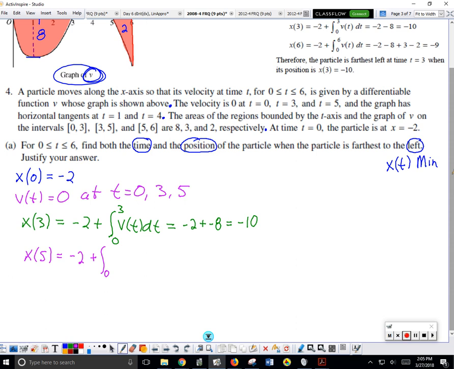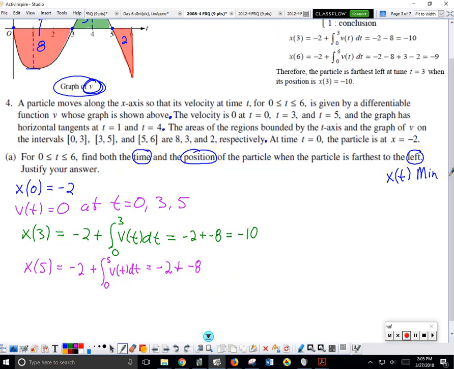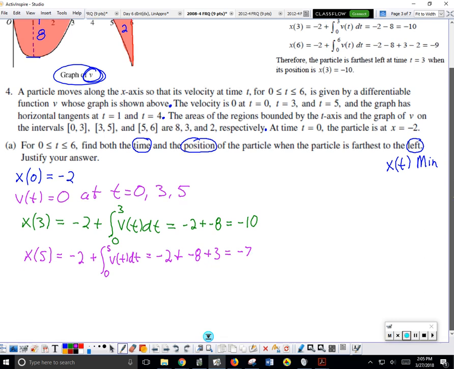So we'll go 0 to 5, the integral of v of t dt. That's going to equal -2 plus we get the -8, and the other portion is 3. Arithmetic brain, so that's -7. So you could find the integral from 0 to 2 or the integral from 0 to 4, could you?